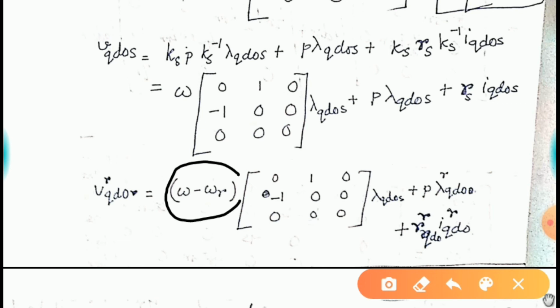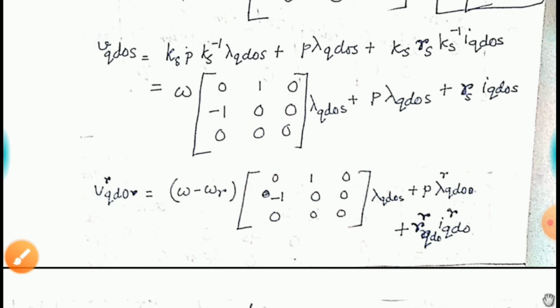this one, instead of omega, the rotor on which your windings are placed is rotating at a speed of omega r. That is why the relative speed becomes omega minus omega r.